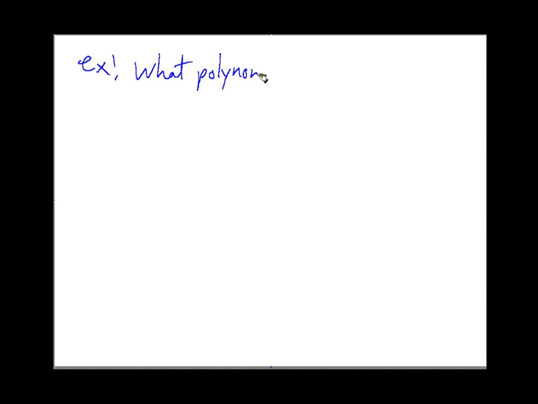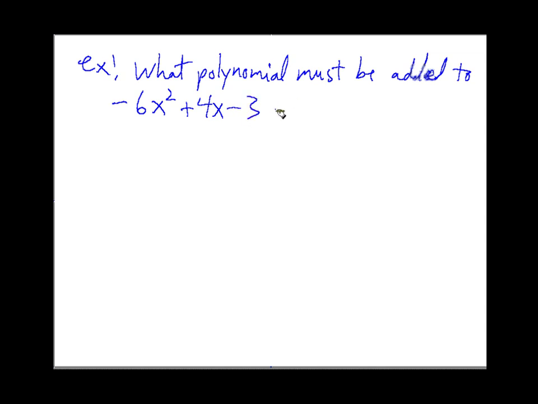What polynomial must be added to negative 6x squared plus 4x minus 3 to get the sum, let's make the sum to be 10x squared minus x plus 5.